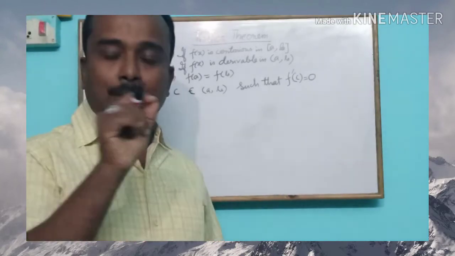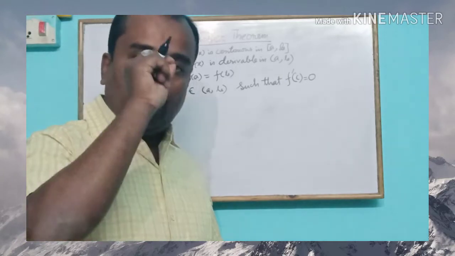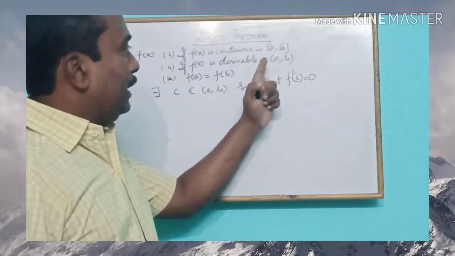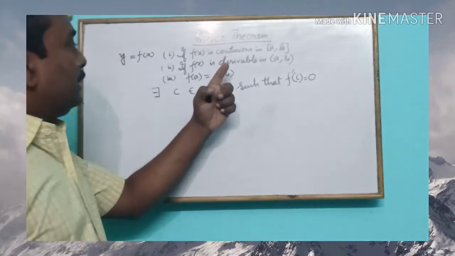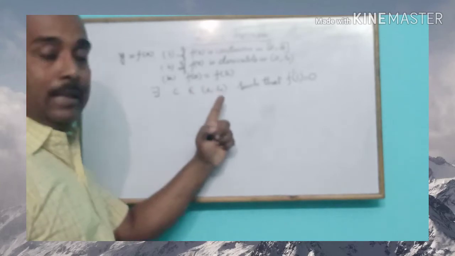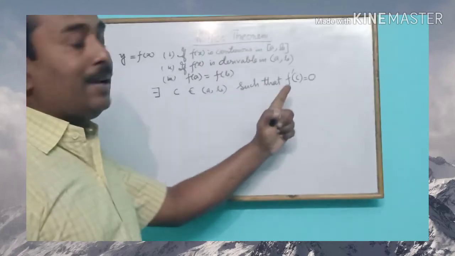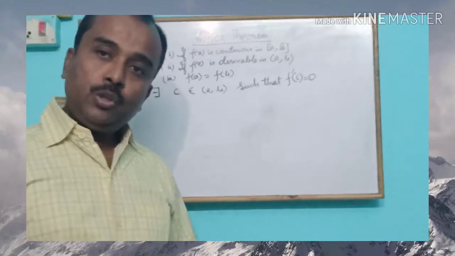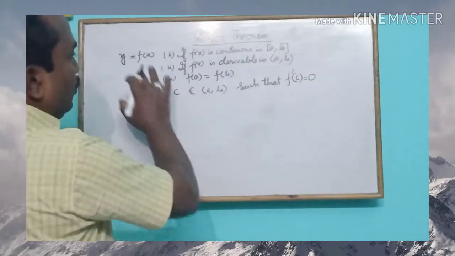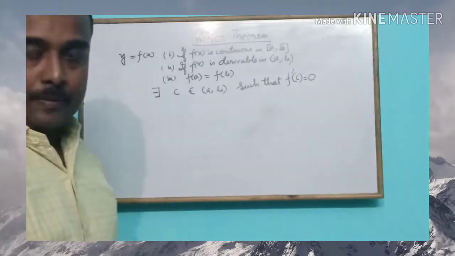That means we will get a point, obviously in between the interval A and B. At least one point in between the interval AB such that f dash c is equal to 0. This is what the statement of Rolle's theorem says.